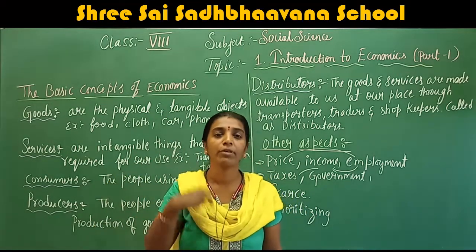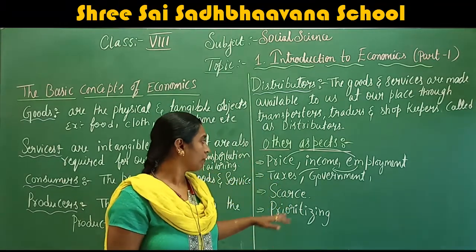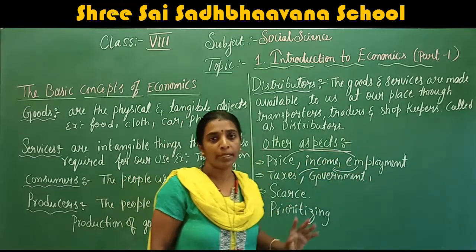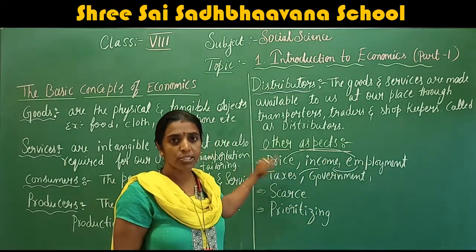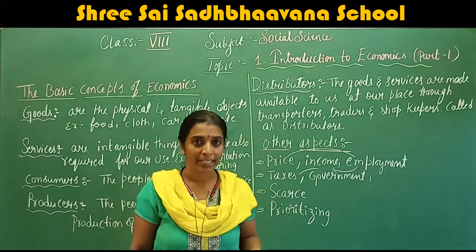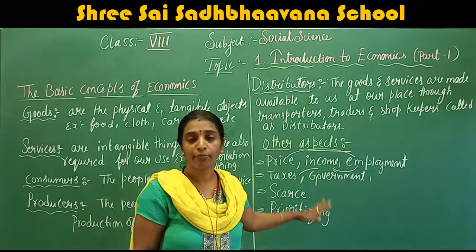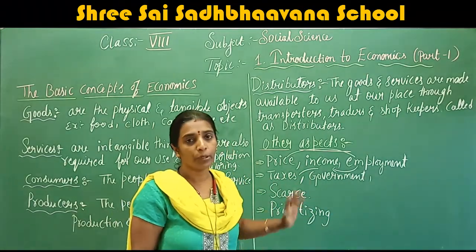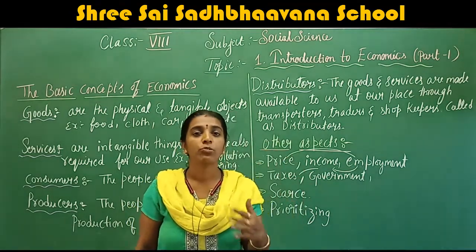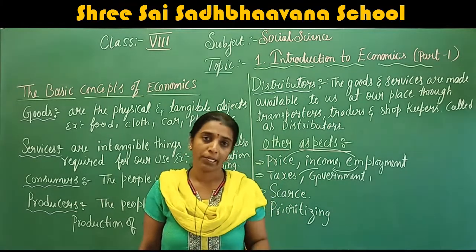So we will prioritize because of the money we have, the income we got through employment, to pay the price to purchase goods and services. Because of the scarcity of money, we are going to prioritize which goods we want to purchase, and we will purchase the priority goods.